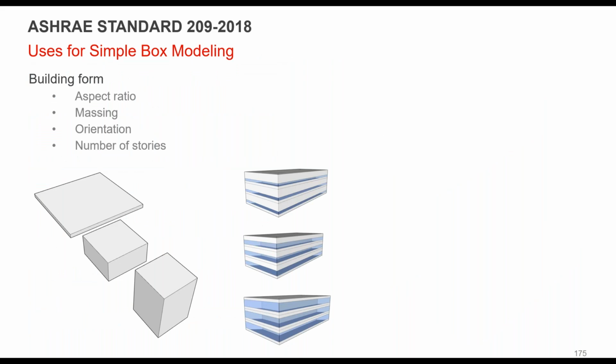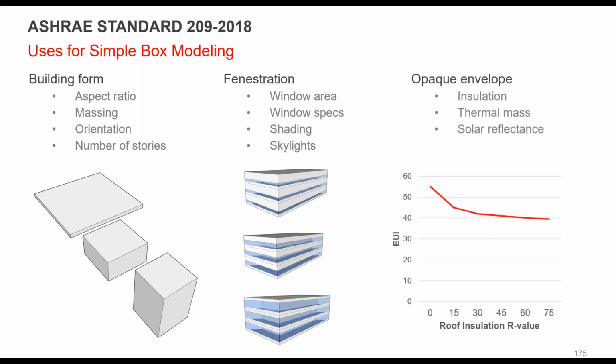So for that, you may be looking at aspect ratio, massing, orientation, number of stories, but we're also looking at fenestration, distribution, area, shading, skylights, opportunities, and what their impacts are. And this is all trying to learn what, for that particular program and for that location, the impacts are.